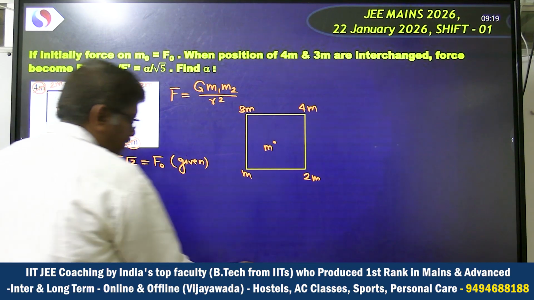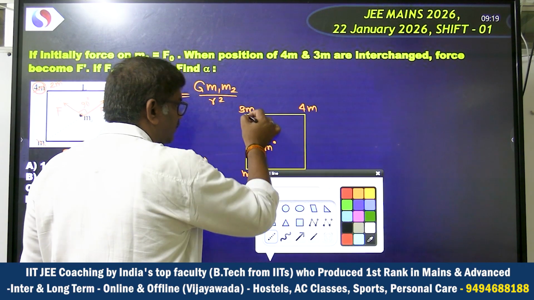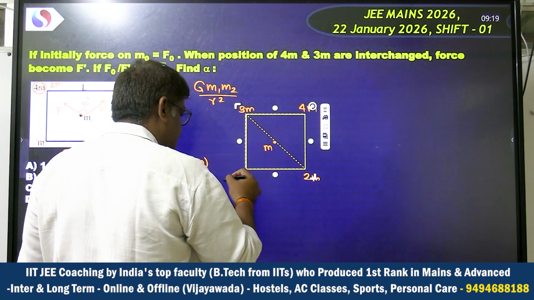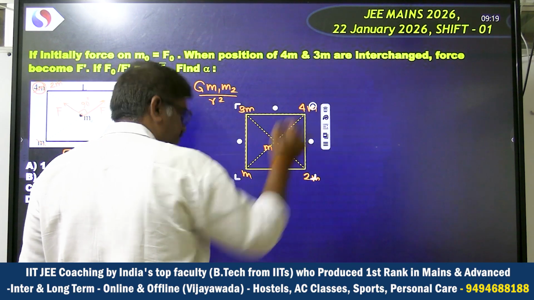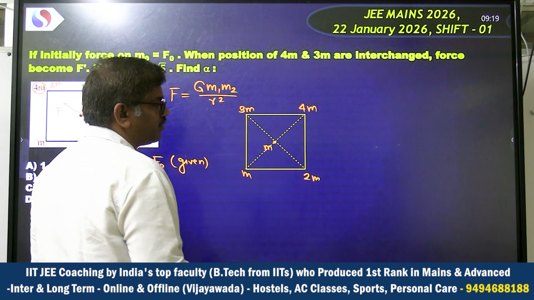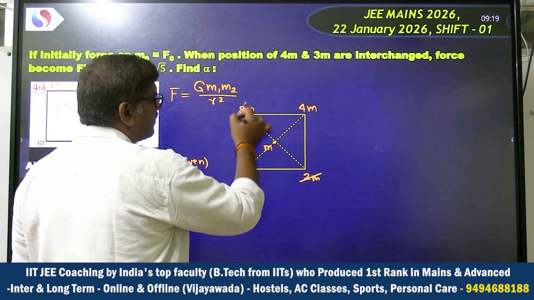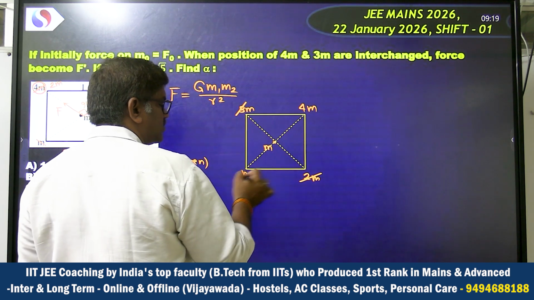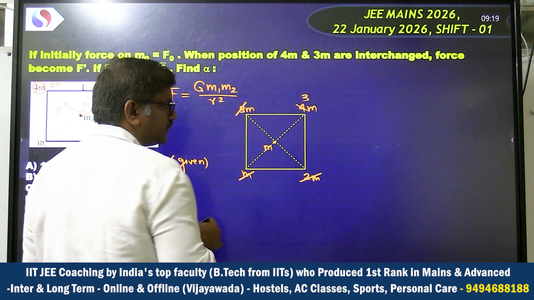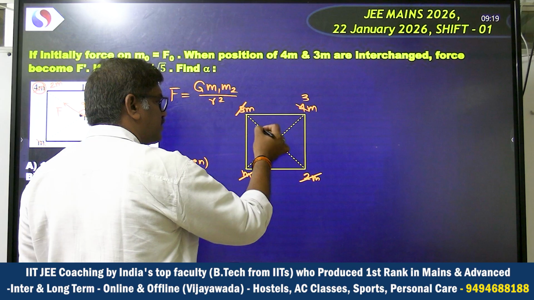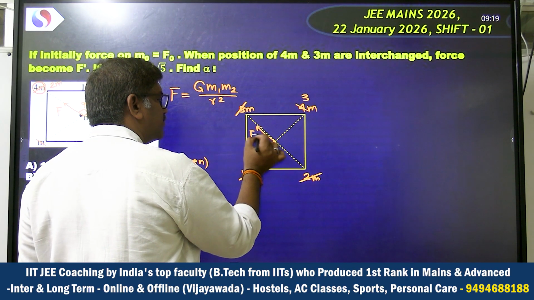So if I see the overall effect again on these masses opposite to each other, this will be leaving the effect of m, this is also leaving the effect of 3m. That means this force because of m I can consider as F by 2.